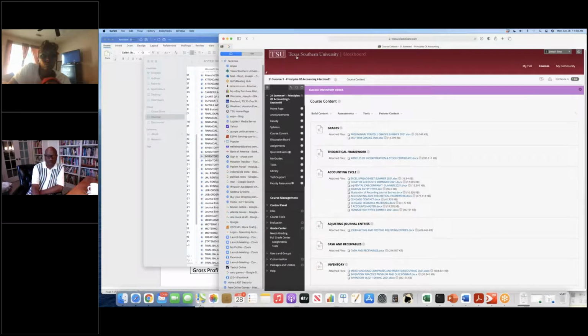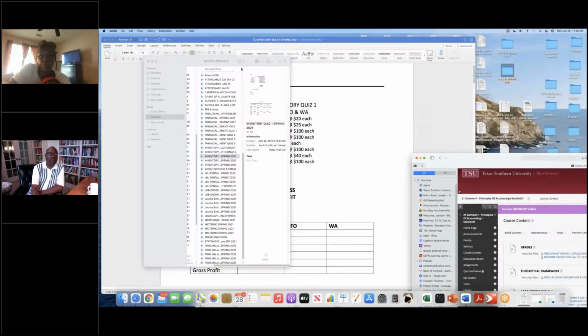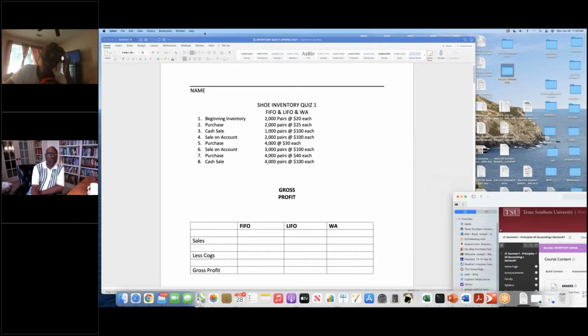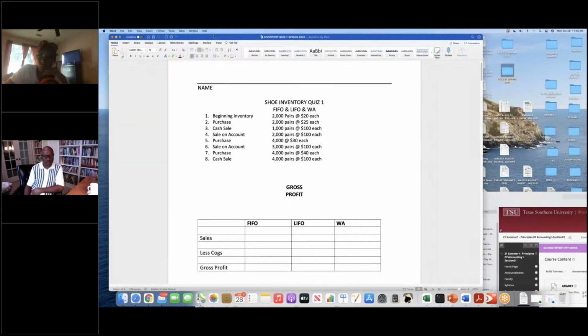Should be there now. So it's in Blackboard now. I want you to make the first 3 journal entries. And in fact, because you got beginning inventory, that is not a journal entry. You simply place that on the inventory chart.